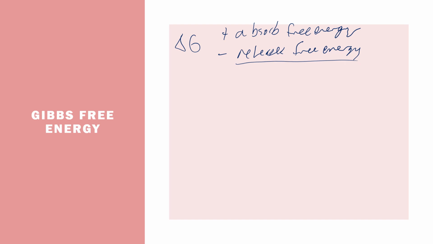So let's say you have liquid water at two different temperatures. Let's say you have it at negative 5 degrees Celsius and you have it at 5 degrees Celsius. At negative 5 degrees Celsius, that's below water's freezing point. So the water wants to freeze and wants to turn into a solid.